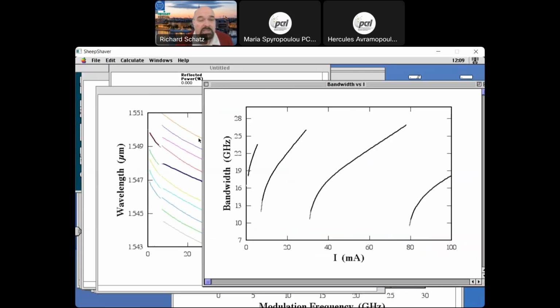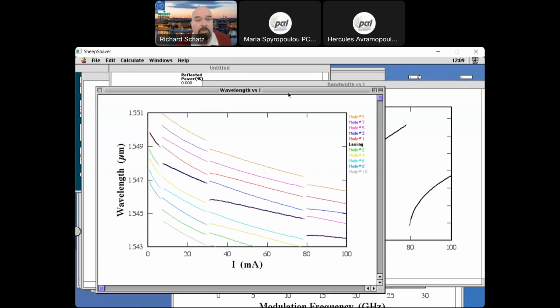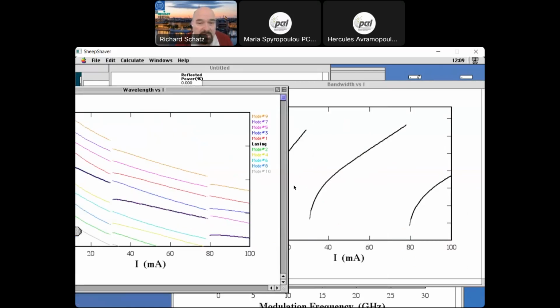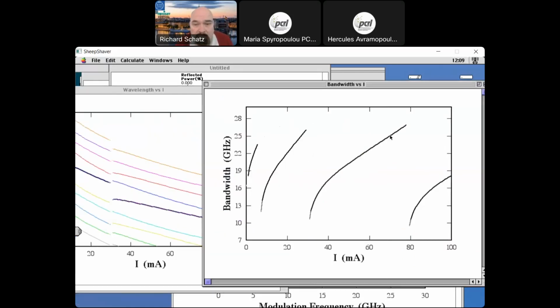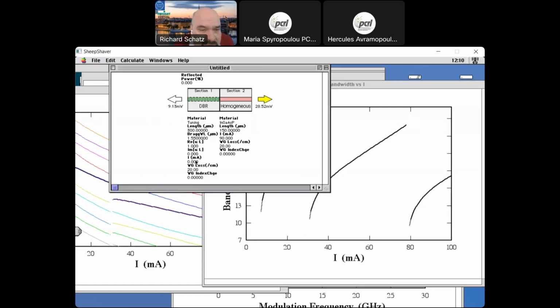And then you see the modulation bandwidth. When the laser is lasing just before the mode jumps, you get high modulation bandwidth if you compare these two curves. So for instance, here we have a very nice modulation bandwidth. We can put in maybe 26 milliamp in the passive section, and then we should have 25 gigahertz bandwidth instead. I will put in 26 milliamp here in the passive section.